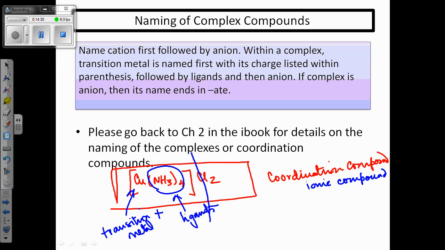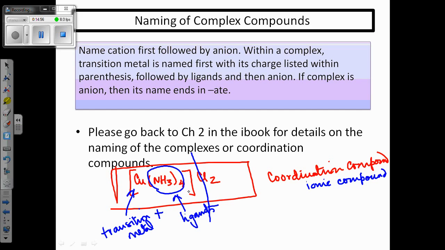To name these, you name the ligands first, followed by the transition metal cation name as its element. Within parentheses, you write the charge of the transition metal cation, followed by the name of the anion ending in ide.